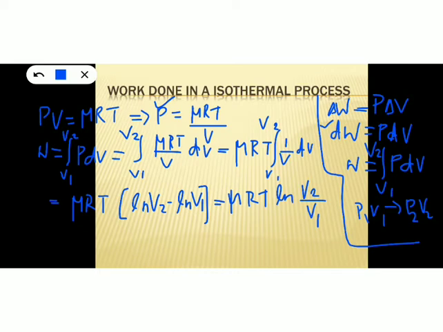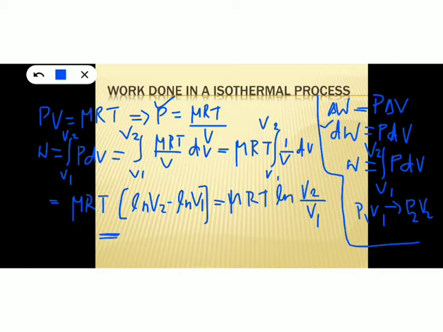Okay, now I told you this is the natural logarithm, but we generally use the base 10 logarithm. So in order to convert natural logarithm to base 10 logarithm, just multiply this expression with 2.303.